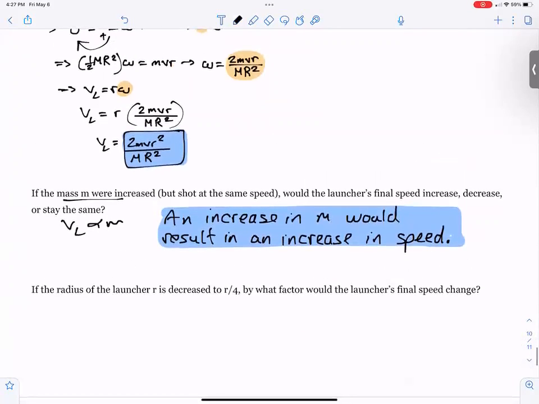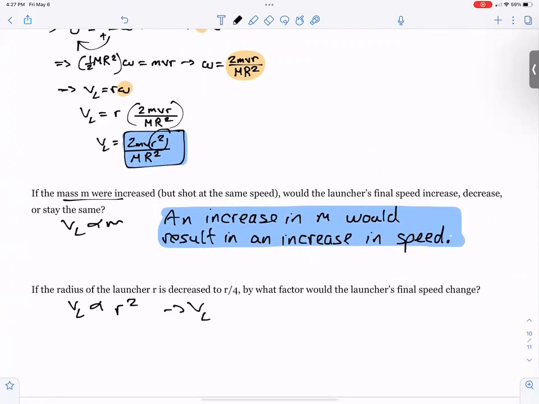Okay, and then finally, if the radius of the launcher is decreased to 1/4 of the radius, by what factor would it change? Well, we can see that the speed of the launcher is proportional to the square of the radius, right? Of where the launcher is, which is little r.